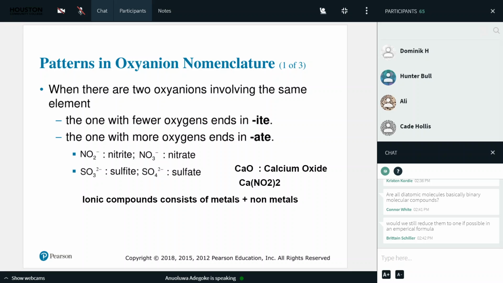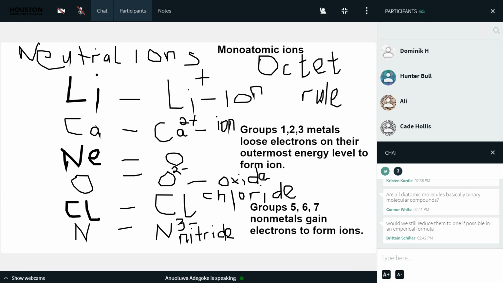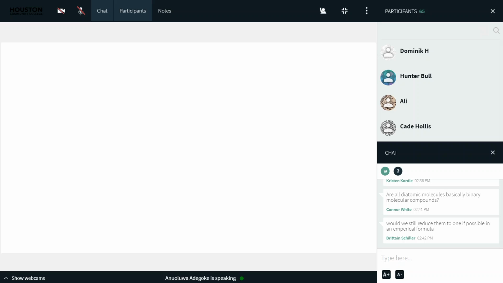Did you see how I wrote that? I'm going to show us how we get this. I will open a bigger place for me to show this. All right, I'm just going to clear this. Okay, so I gave the example of calcium nitrite.